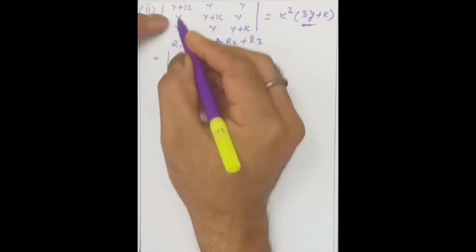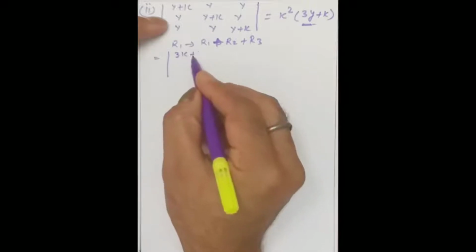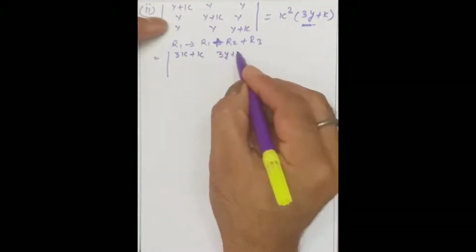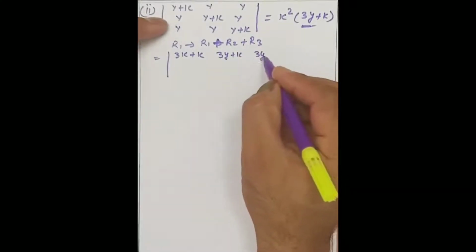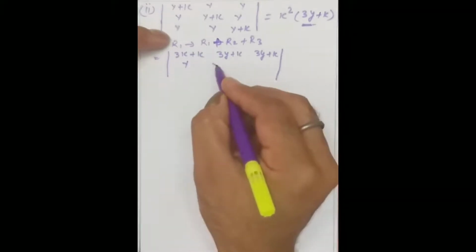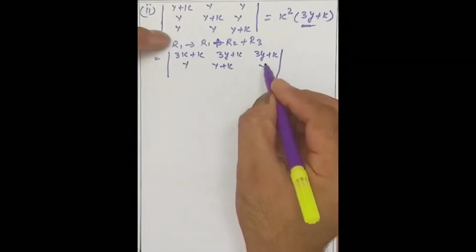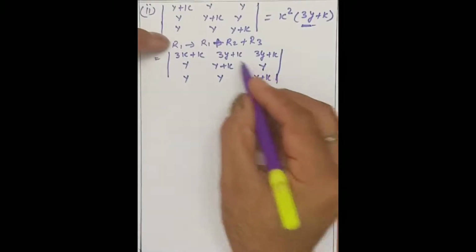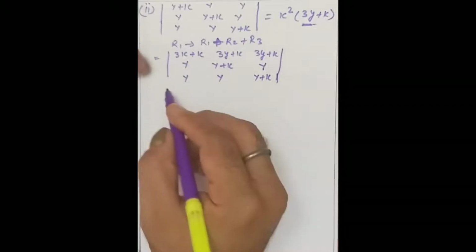So y plus y plus y, as I told you, 3y plus k, here also 3y plus k, here also 3y plus k. So now the remaining rest of the things are same, only y plus k here, and then y is here, y plus k here. Now let us take 3y plus k common from this thing.